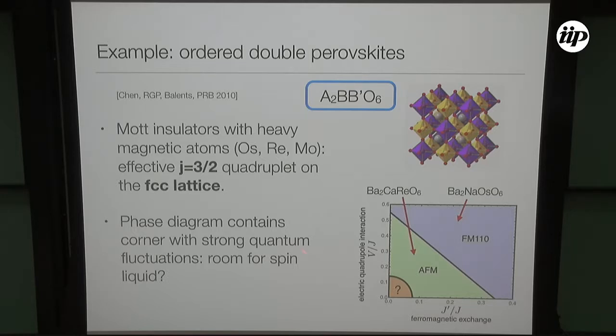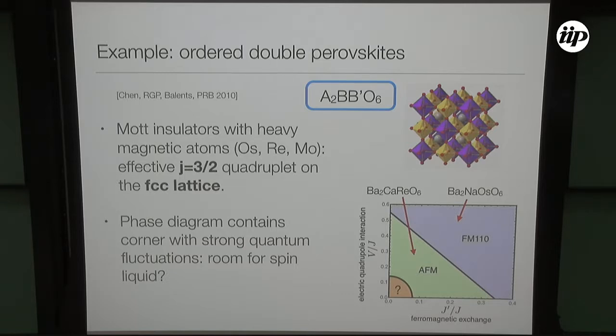And something we learned at the time was that if you take some particular limit where there are only dominant antiferromagnetic exchange interactions, you can compute quantum corrections to the ordered states, and it turns out that there is this corner of the phase diagram where you would find strong quantum fluctuations.